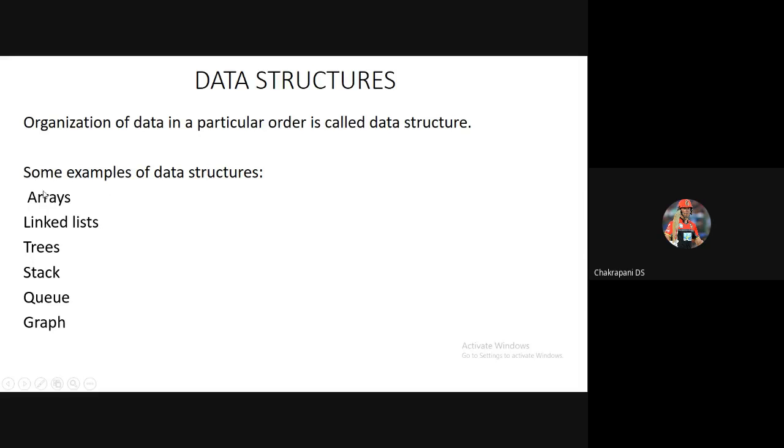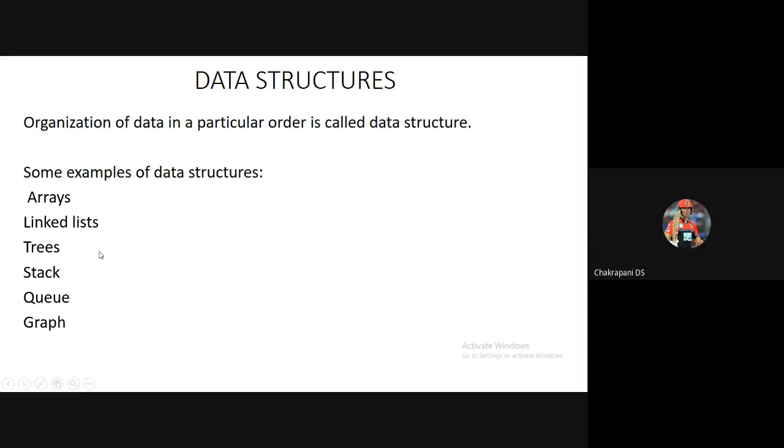Based on these two data structures, I can create some other data structures called trees, stacks, queues, and graphs. I can create stacks and queues either using arrays or using linked lists. I can create trees mainly using linked lists. So these are some of the examples of data structures in C or C++.